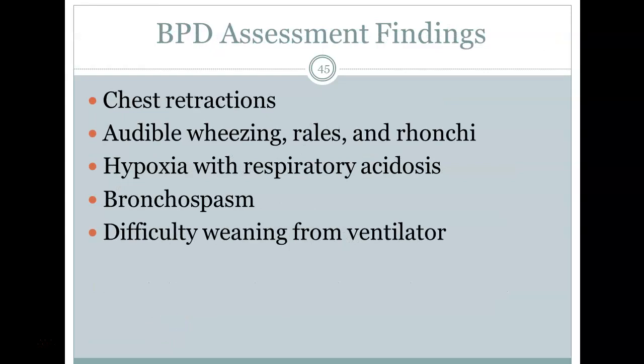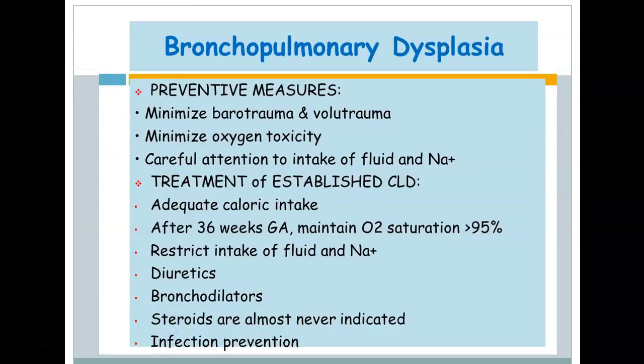And again, you would see chest retractions, audible wheezing, rales, rhonchi, hypoxia with respiratory acidosis, bronchospasms, and again, difficulty weaning them from the ventilator. For bronchopulmonary dysplasia, we know preventative measures are going to minimize barotrauma and volutrauma. We're going to minimize oxygen toxicity.